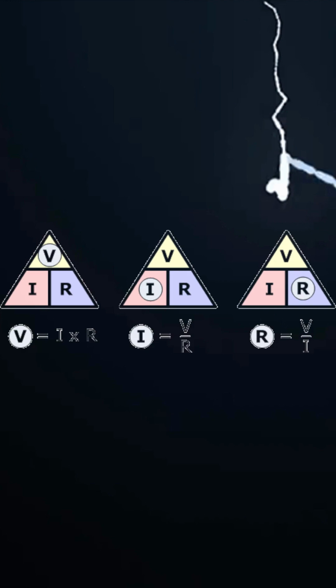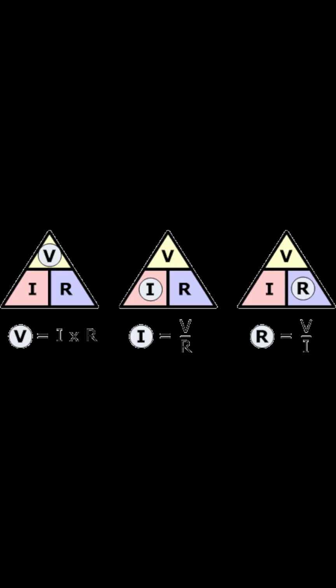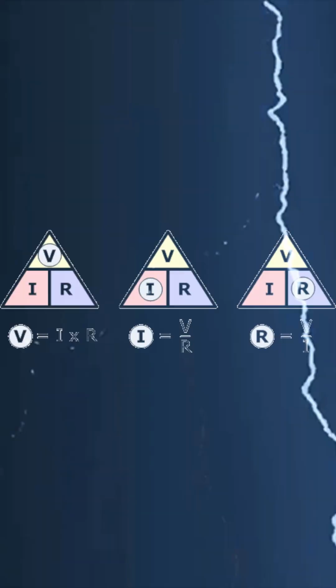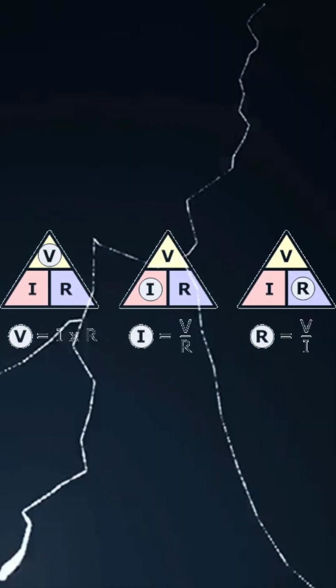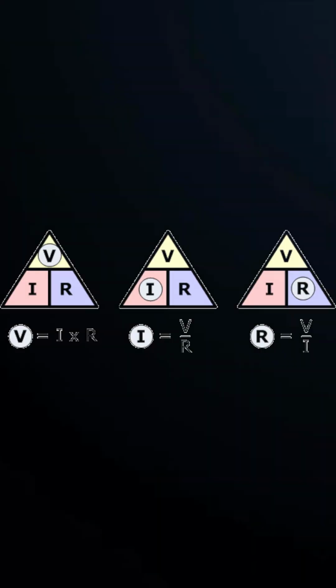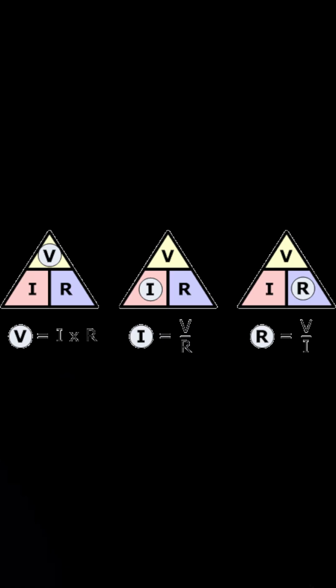The watt. A watt is a measure of the amount of power that is being used in a circuit. The watt was named in honor of the English scientist James Watt.